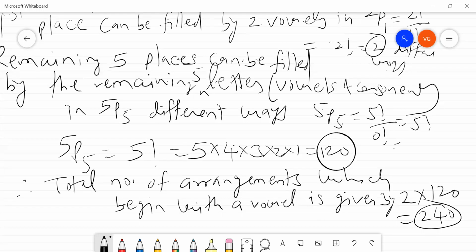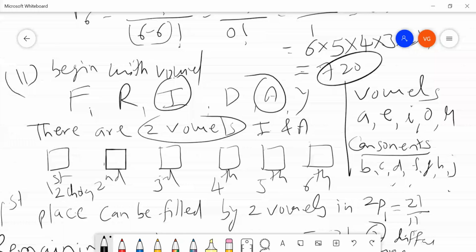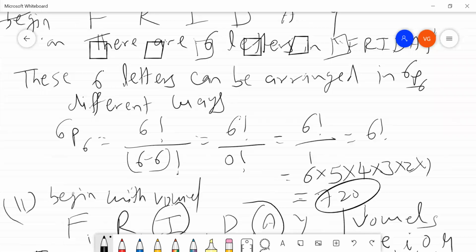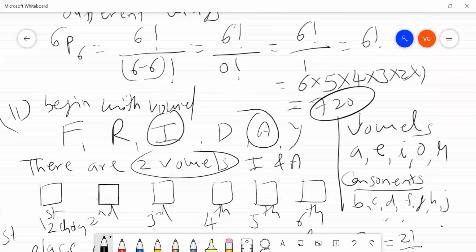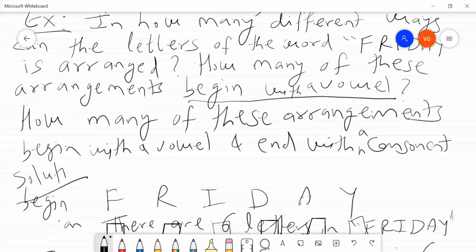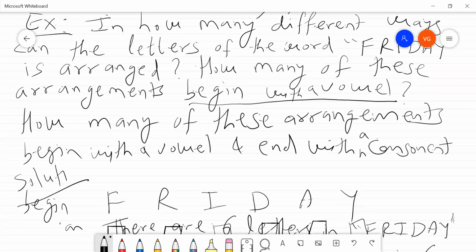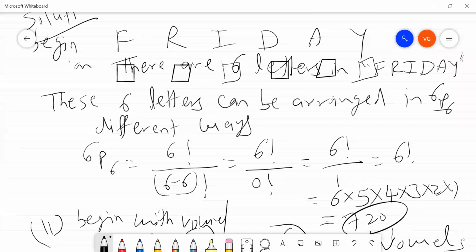See, total how many were there? Total arrangements were 720. Out of them, 240 will begin with a vowel. Okay. So what is the next one? How many of these arrangements begin with a vowel and end with a consonant? Now let us see the third one.